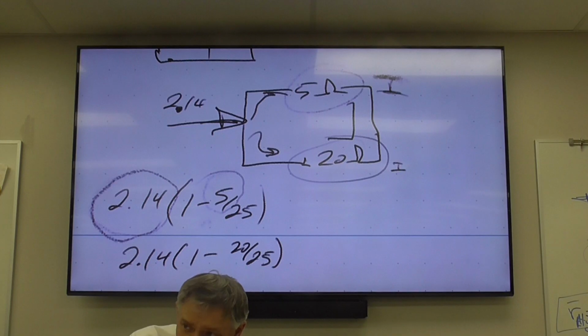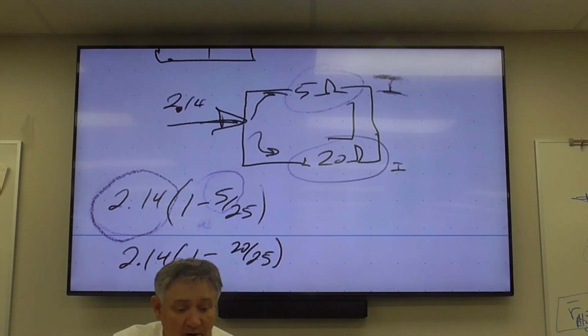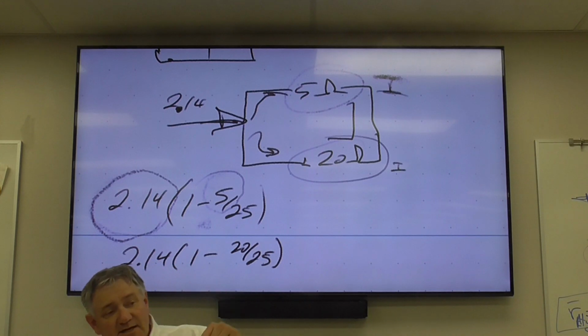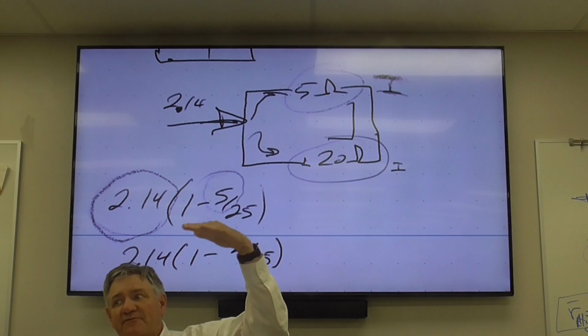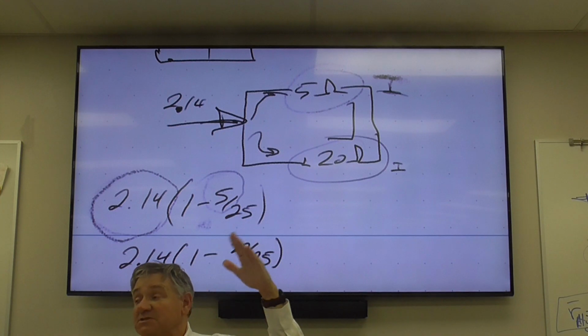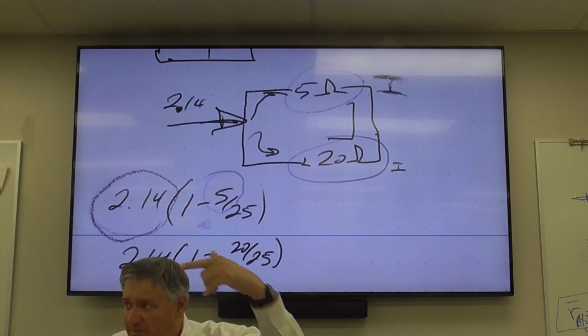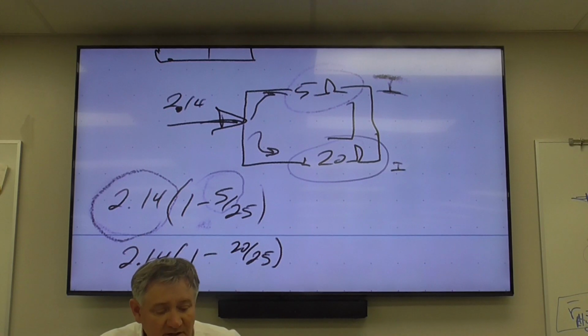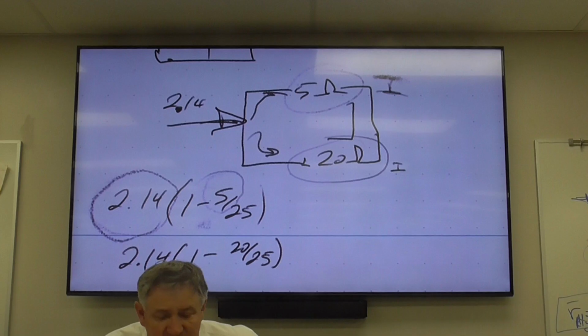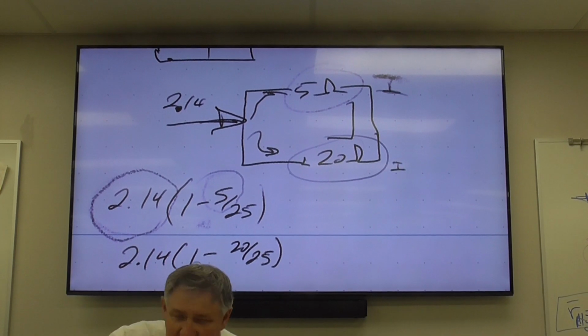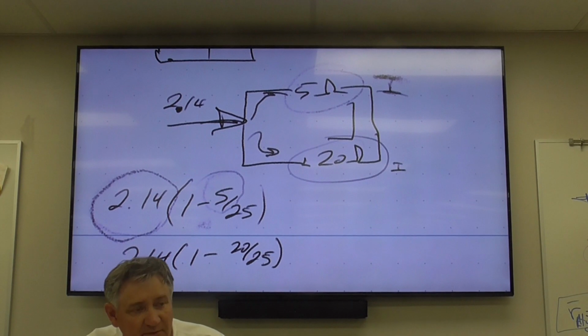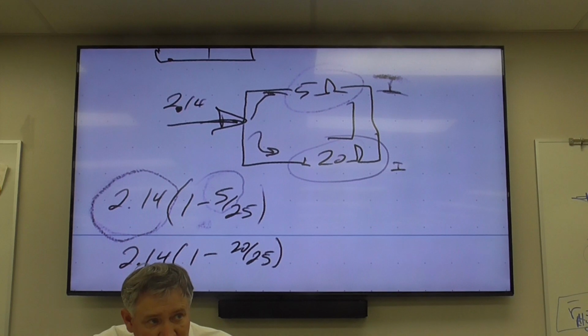Because if I take 5 over 25 and multiply that by 2.14, that would tend to indicate that the 5 ohm would have the lower amount of current, when in fact it's the bigger amount of current. So this is why I take 1 minus that ratio, and then multiply it by the 2.14.